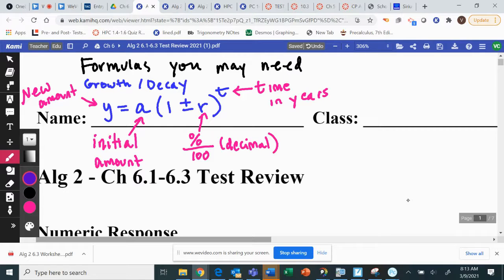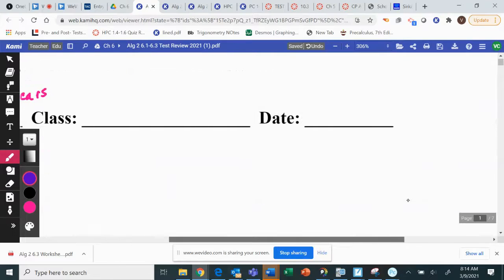And then we take that formula and we're going to change it just slightly. We're going to talk about compound interest.